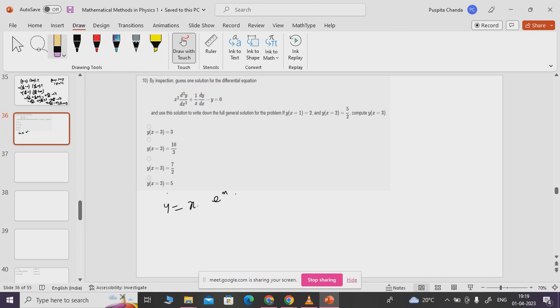Okay, dy dx is equal to 1 minus x. If y is equal to x, dy dx is 1 minus x.